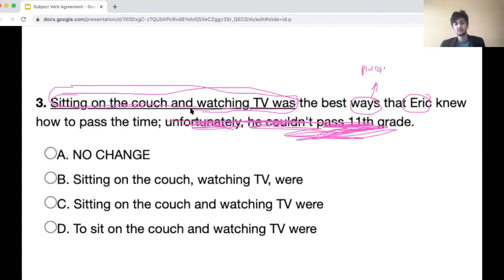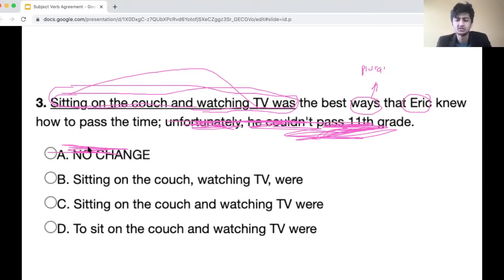So let's look at the no change. Sitting on the couch and watching TV was the best ways that Eric knew how to pass time. No, you need a were here because these, once again, are two separate nouns, making them a plural. So this is wrong. B: Sitting on the couch, watching TV were the best ways that Eric knew how to pass time.